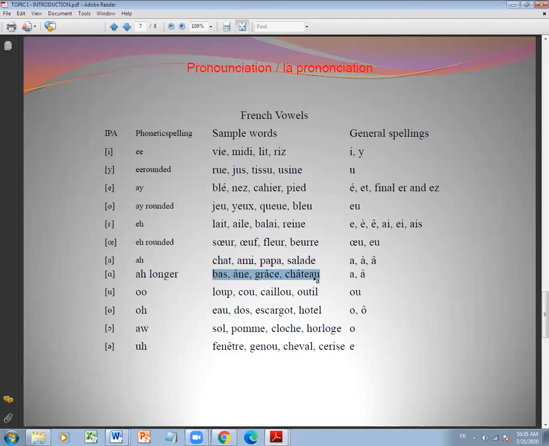So when you say la grâce de Dieu, remember Dieu I said is God. The grace of God. La grâce de Dieu, the grace of God. Then the last one? The last one is chateau. Chateau is what? Chateau is we call it a castle, something. Yeah. Chateau.